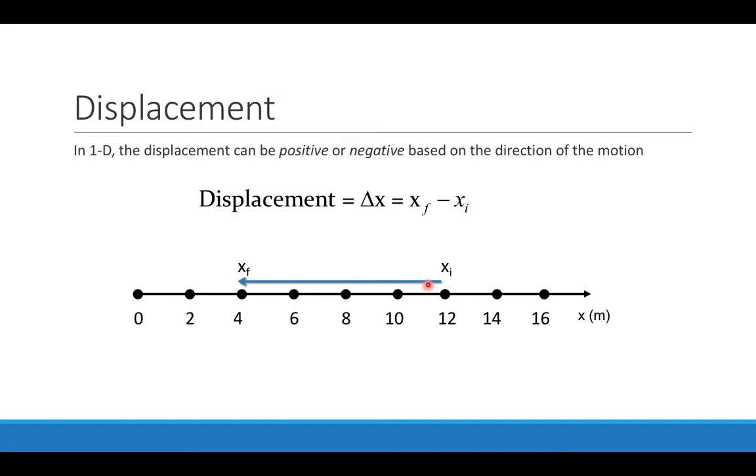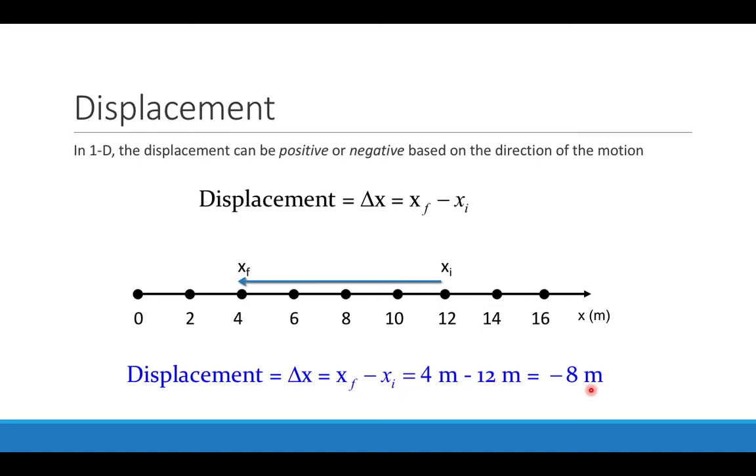It's pointing towards the origin, or it's pointing along the negative direction, right? Positive direction would be along the axis going to the right, and this is going to the left. When I calculate my displacement, which is the final position minus my initial position, my final position is at 4 meters, my initial position is at 12, and I end up getting a negative 8 meters.